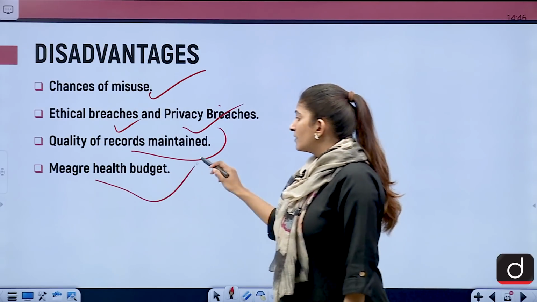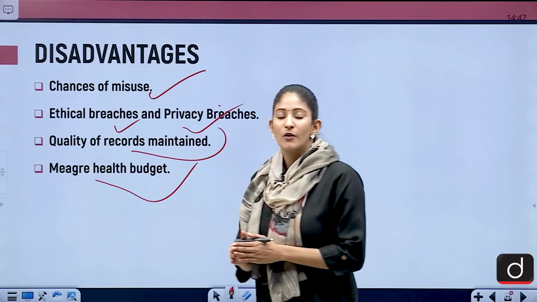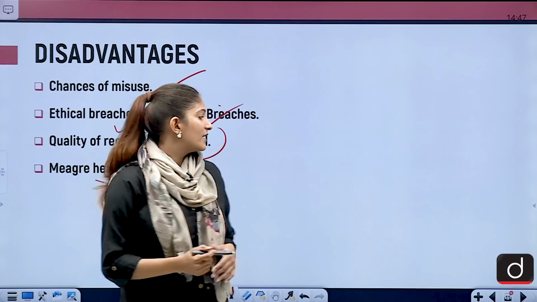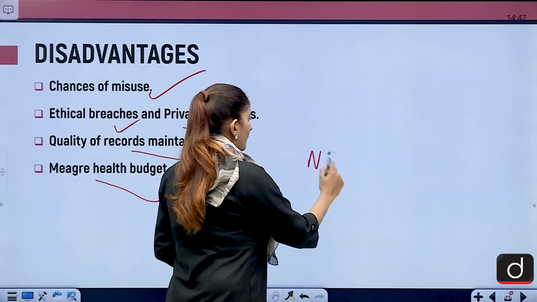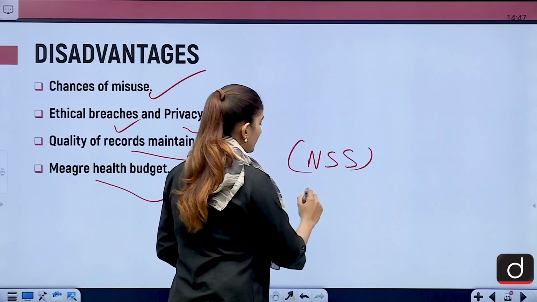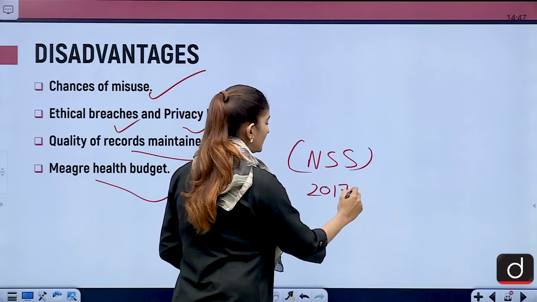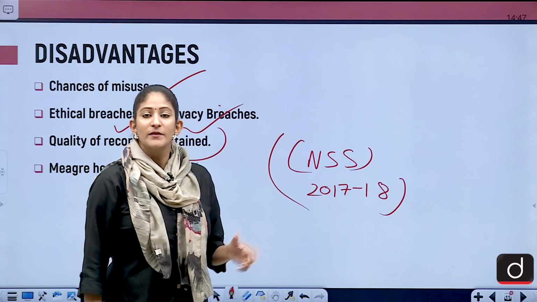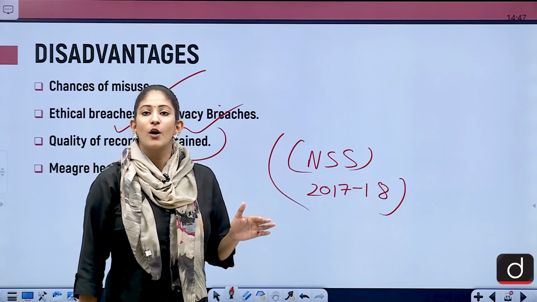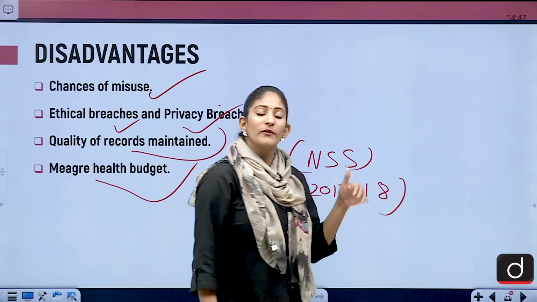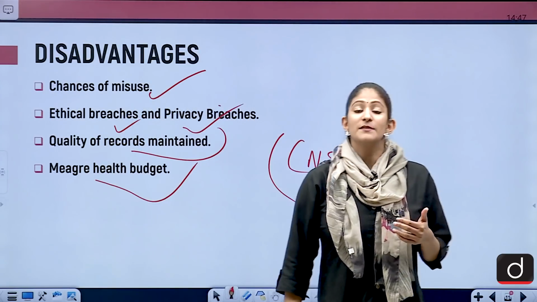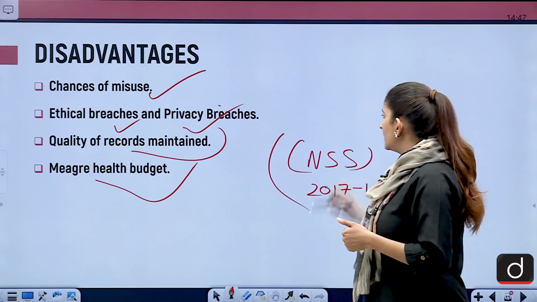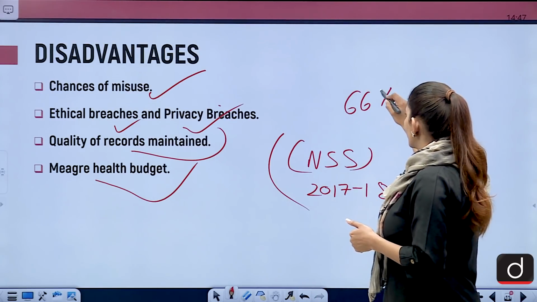Of course, if we talk about the budget right now, according to the National Sample Survey of 2017-18, 66% of the healthcare infrastructure is being taken care of by the private health sectors.